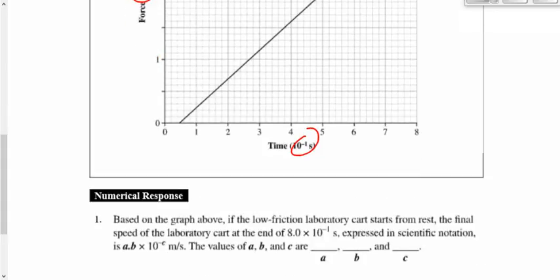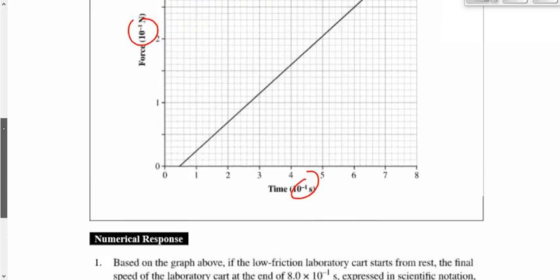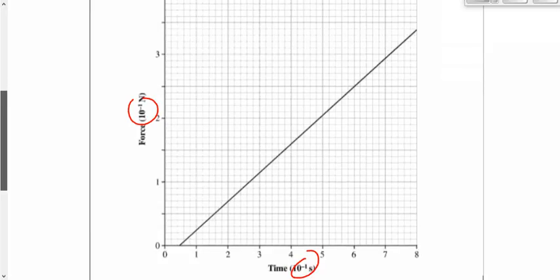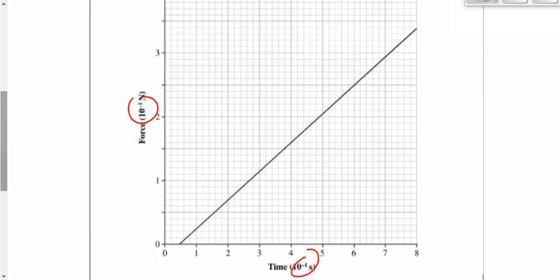The initial velocity is 0, so if we find the change, delta V, that's good enough, right? It's the same as VF, since VI is 0. Let's get the area first. Now, this one's a little bit tricky because it's on graph paper and not quite as clear on things. We're going to say area is equal to 1/2 base times height. And it looks like the base starts here at 0.5 and ends here at 8.